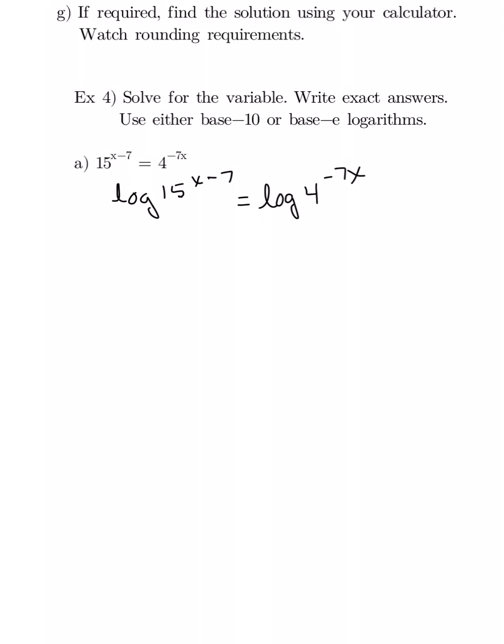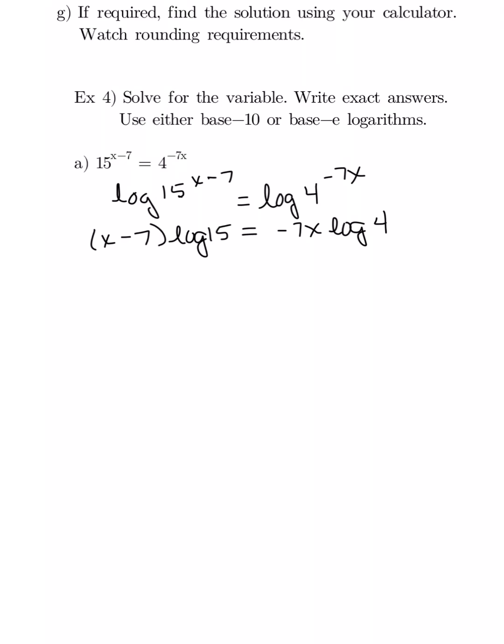Well, now, because we have logarithms, we have the rule of logarithms that says we drop the power to the front. So the left side becomes the quantity of x minus 7 times the log of 15 equals the right side becomes negative 7x times the log of 4.